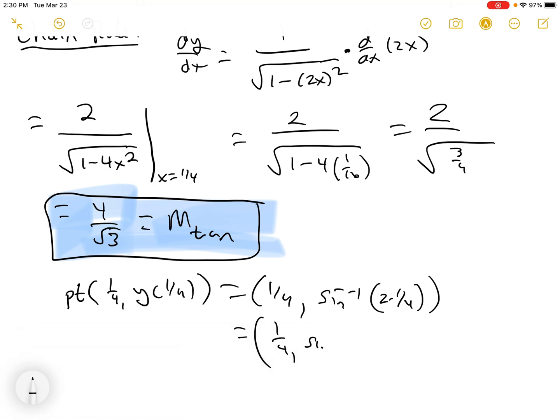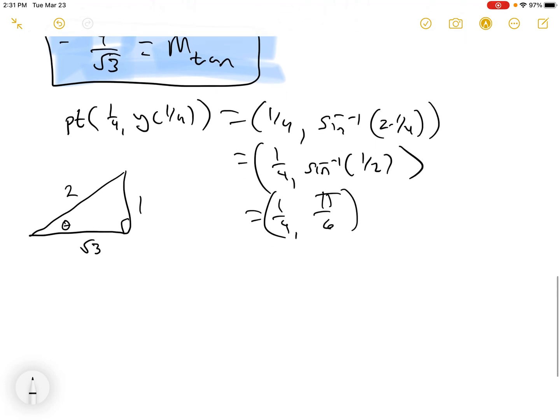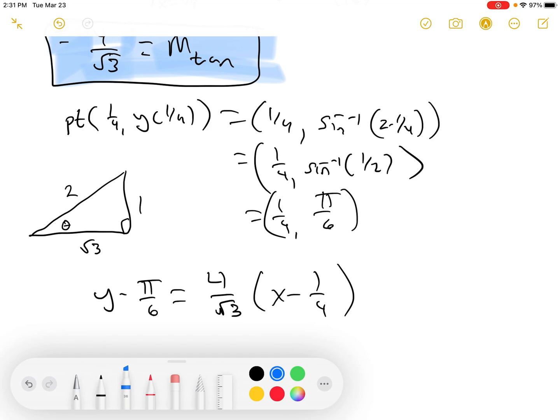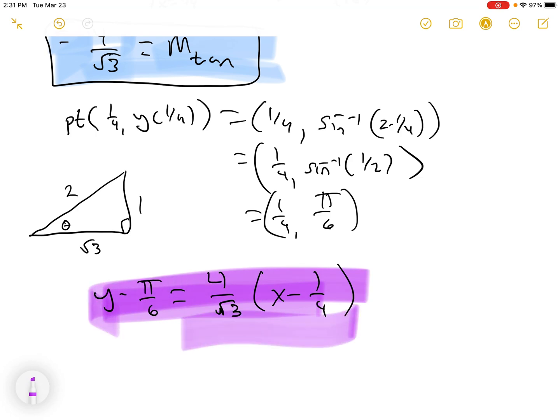Sine is opposite over hypotenuse, so that's pi over 6. And then the point slope equation of the line is y minus pi over 6 equals 4 over root 3 times x minus 1/4.